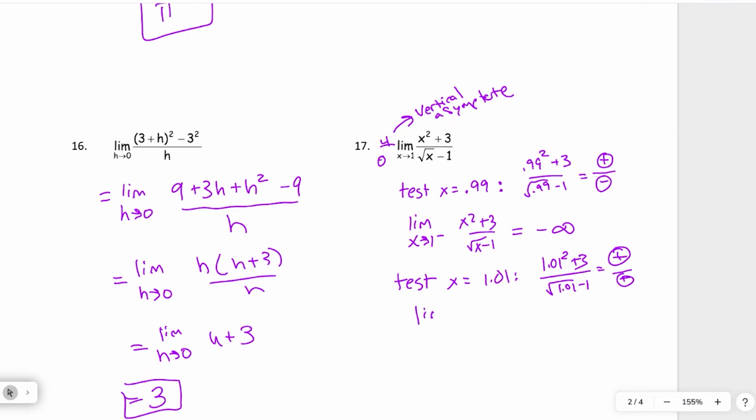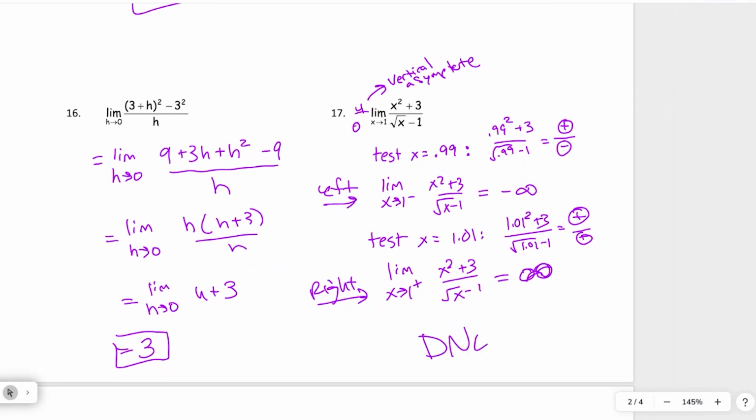So that means that the right-hand limit is not going to exist because the value of the function is going to approach positive infinity. Got that square root symbol, it's kind of hanging a little far out there. So notice here that the left and the right hand limits do not equal. So we're going to say that does not exist.